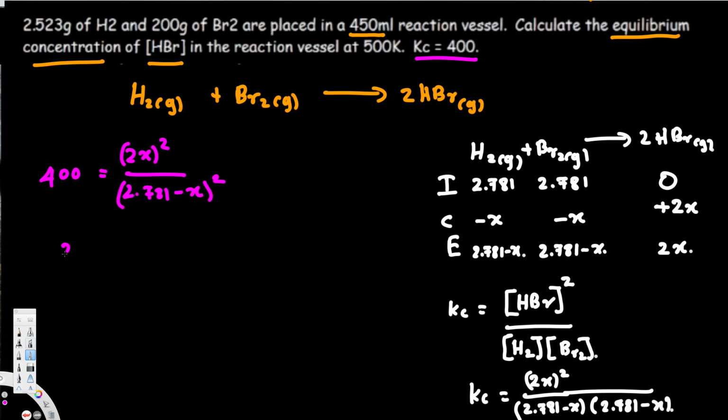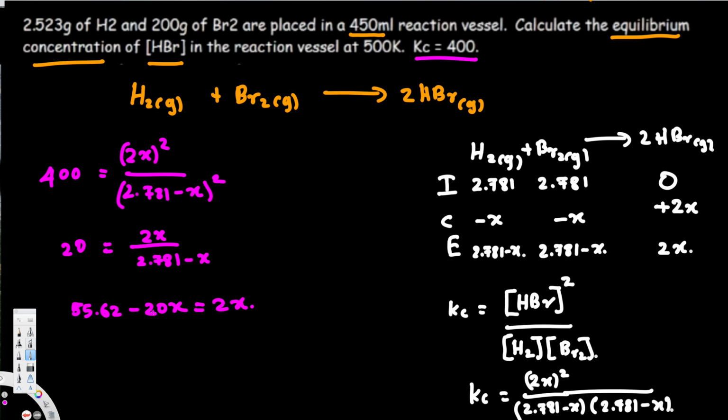So this is going to be 20 if you take the square root, and this is going to be 2x over 2.781 minus x. Now we have to do the multiplication on the side. If you multiply 2.781 by 20, that's going to give you 55.62 minus 20x is equivalent to 2x.